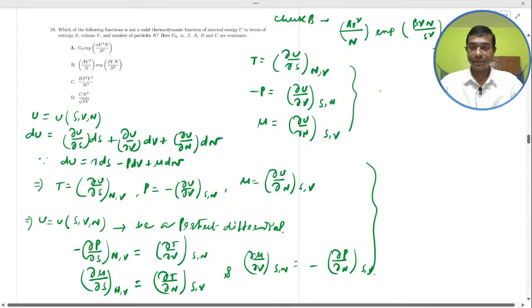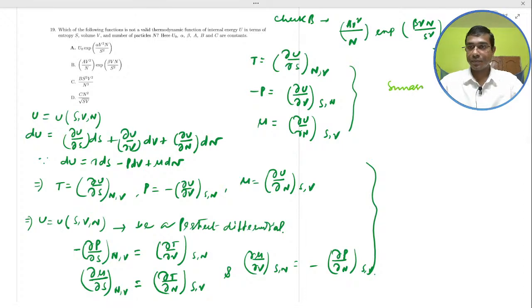That means the minus of del P del S, for a perfect differential. We do not do the calculation here because it is time consuming. This is not equal to del T del V at constant S and N. You would get the summary, this one.